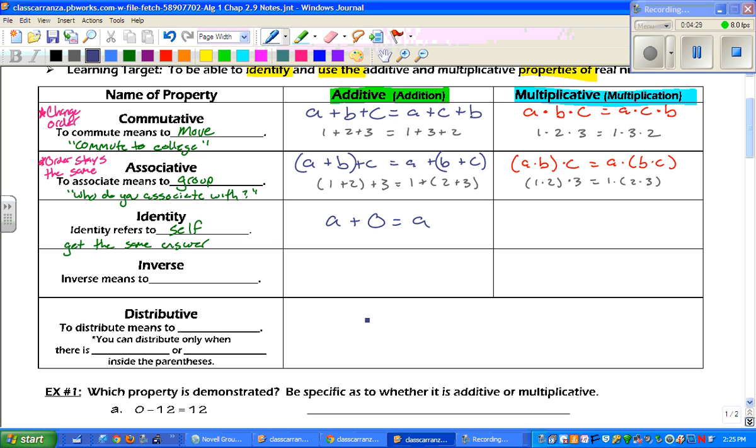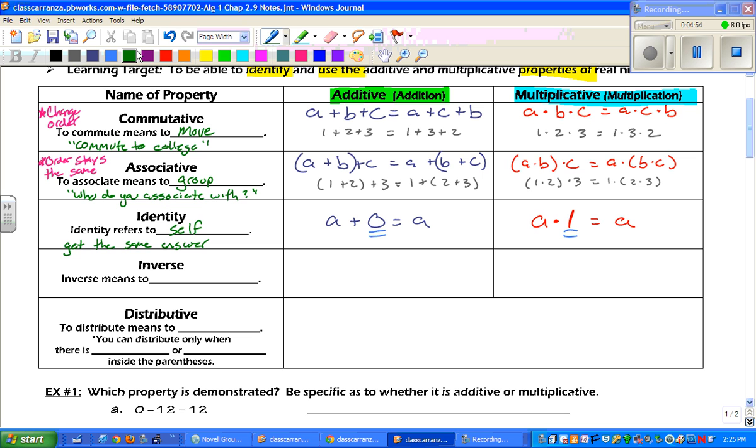That's 0. And when we're using multiplication, what number can you multiply by to get the same number back? It's not 0, it's 1. So for this, it's going to be two different things.